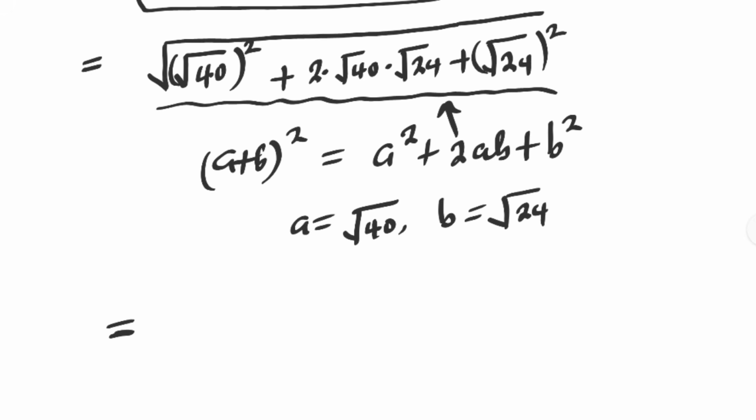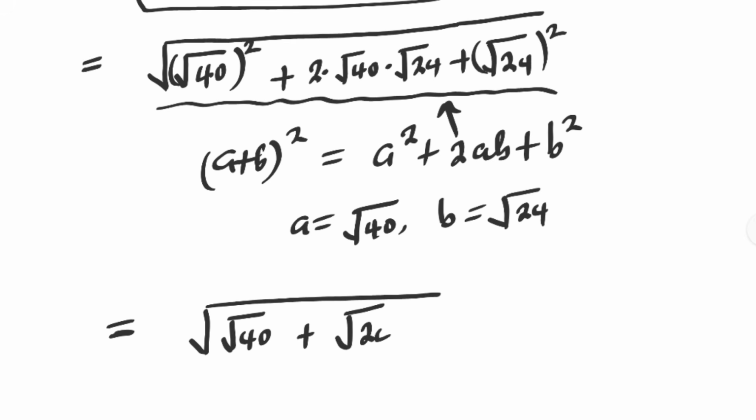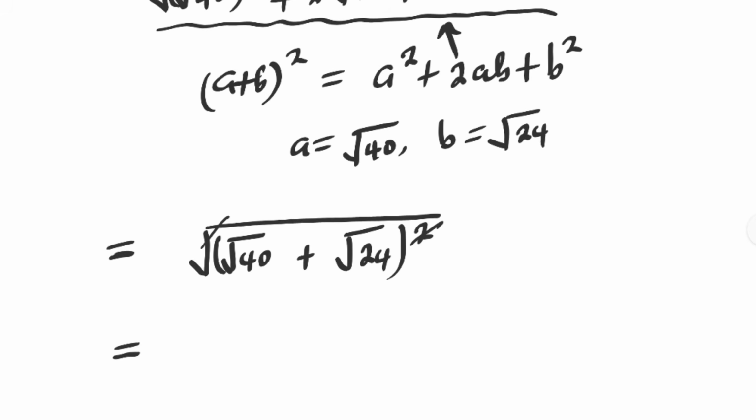This is equal to square root of root 40 plus square root of 24 all square. This cancels this. This is equal to square root of 40 plus square root of 24.